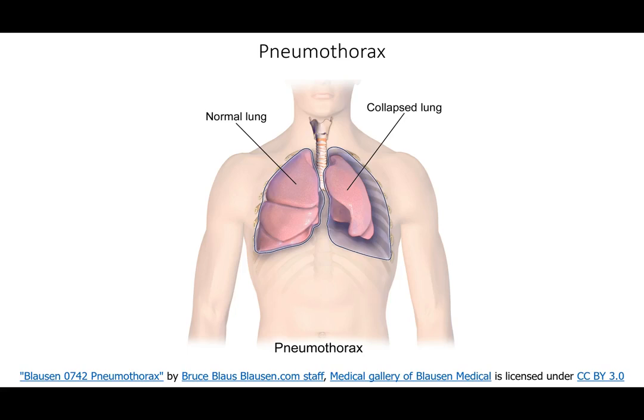So a rupture of the lung caused by trauma or disease is going to introduce air into the pleural cavity here, so the area surrounding the lungs, and that air pressure is going to increase on the surface of the lungs, and cause the actual lung to kind of collapse down, which breaks that surface tension of the visceral pleura to the parietal pleura.